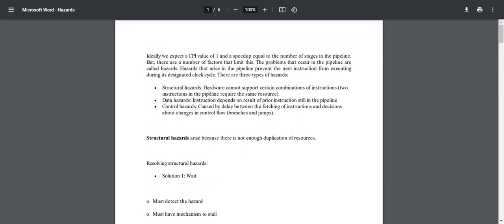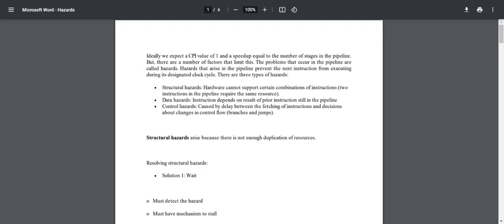So there are basically 3 types of hazards which occur in pipelining. First one is structure hazard. Now, in structure hazard, what happens? You see, hardware cannot support certain combinations of instruction. In other words, for a particular instance, say, 2 instructions in the pipeline require the same resource, right?